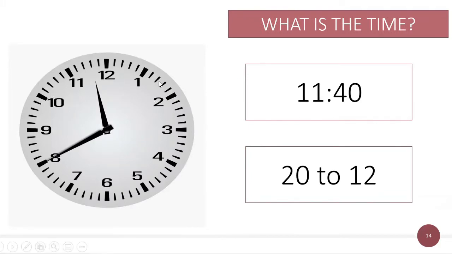Now, the last example. For this clock, there are also two ways for you to tell the time. We'll start with the shorthand. The shorthand is not pointing at 11, neither is it pointing at 12. So the first way to tell time is by pointing at 11. You can still say it's 11.